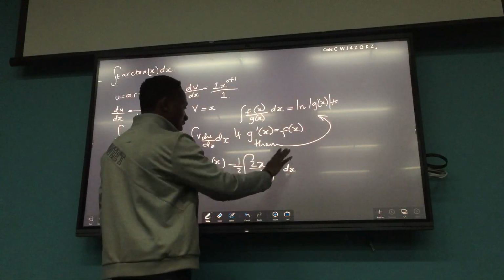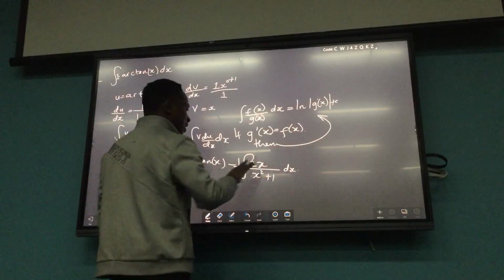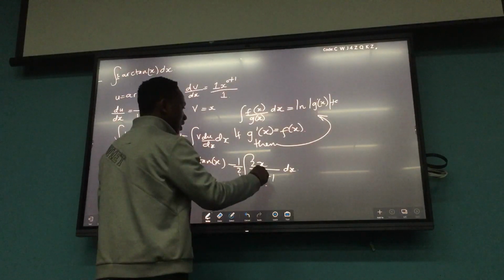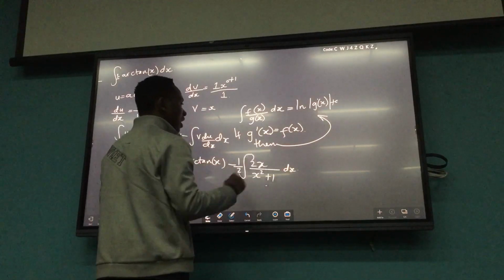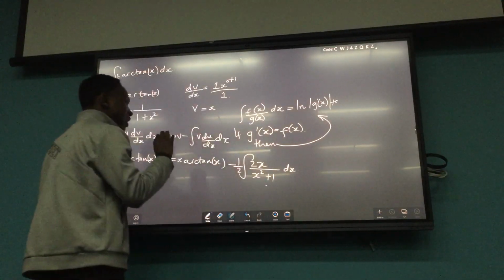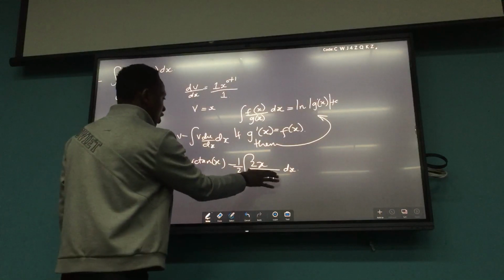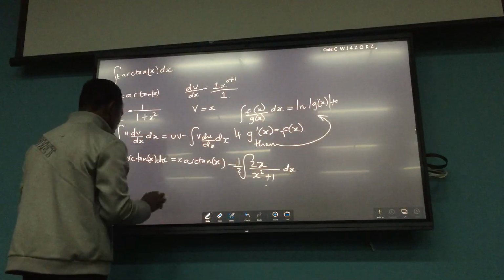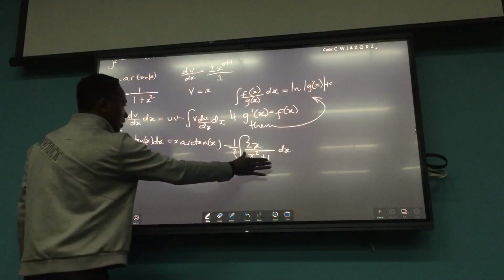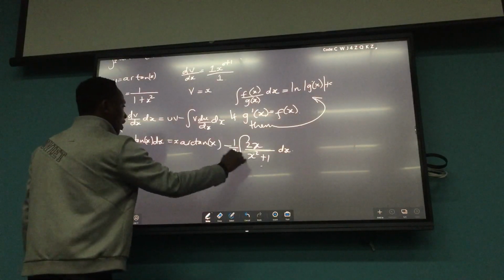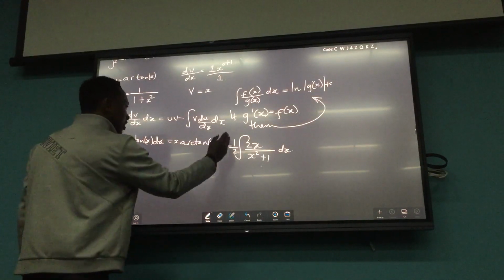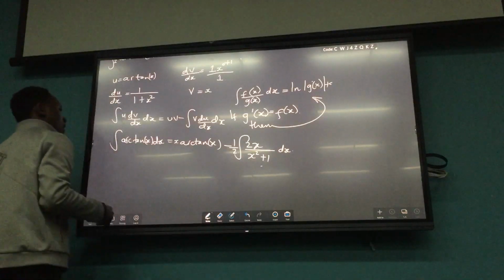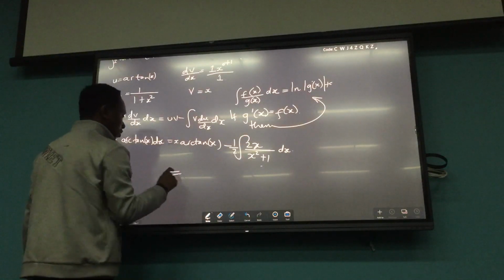Now if you integrate this, forget about the constant. We said if g prime of x is equal to f of x, then our solution to this part is just ln of g of x, which is the denominator. So we're going to write it as ln of x squared plus 1, but we mustn't forget this half, because it was there for us to be able to manipulate our integral without changing the question.